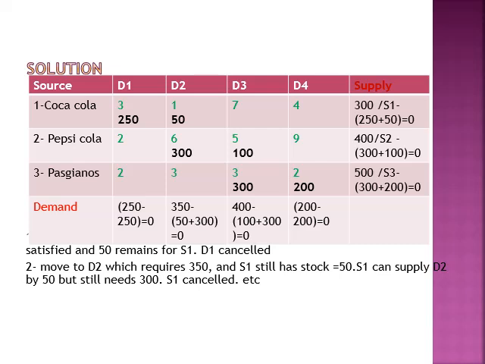We will move to D2 where its cost equals 6. D2 requires 350 units and Pepsi Cola has 400 units.